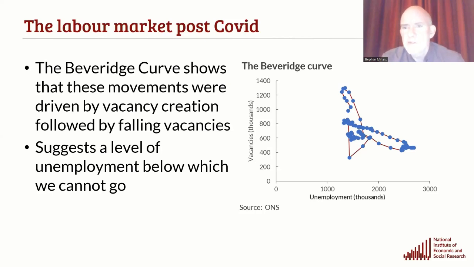And then the other thing, at least initially, was the difficulty in filling jobs that were traditionally filled by short-term migrants from continental Europe. So the combination of COVID and Brexit meant that those workers went back to Europe.